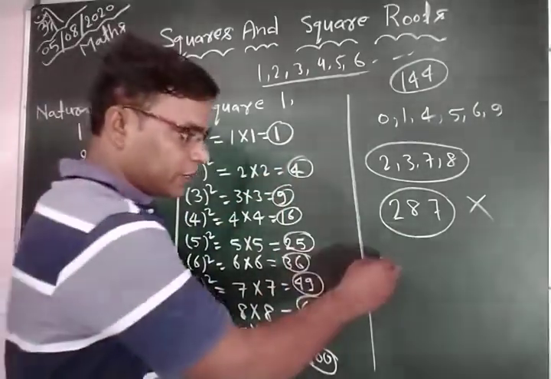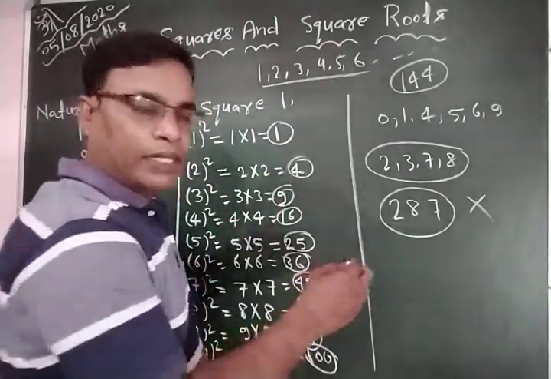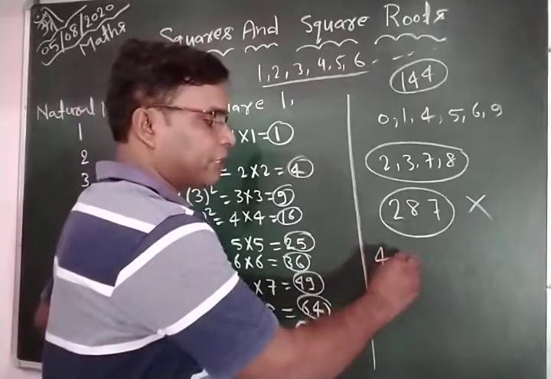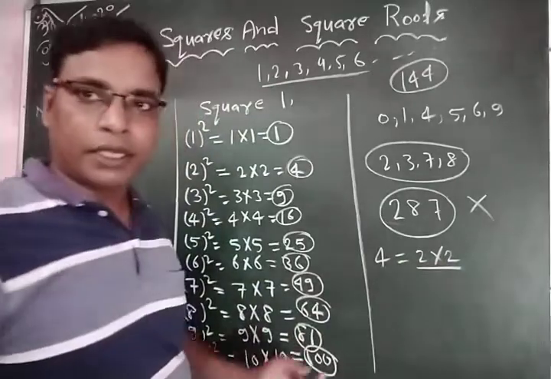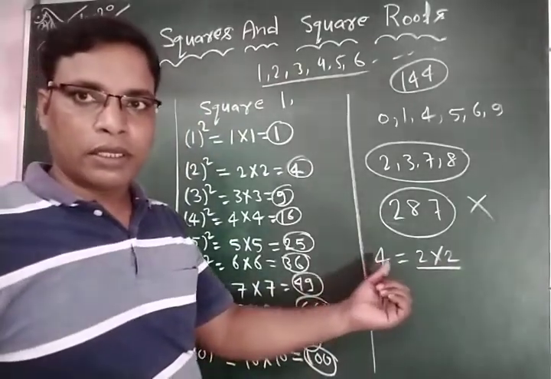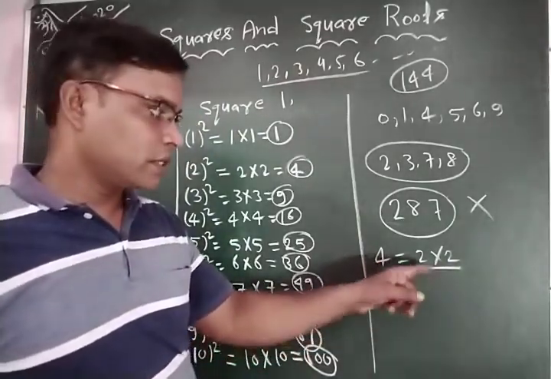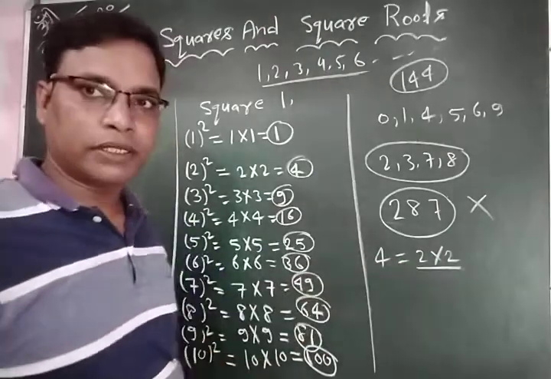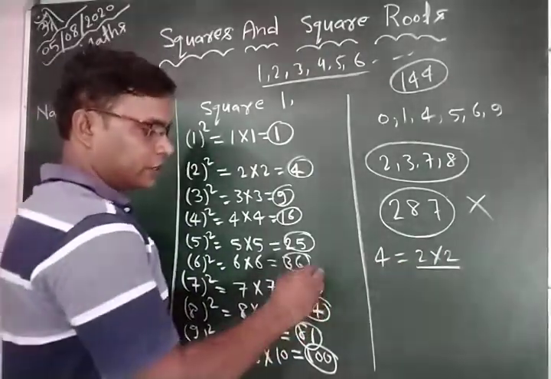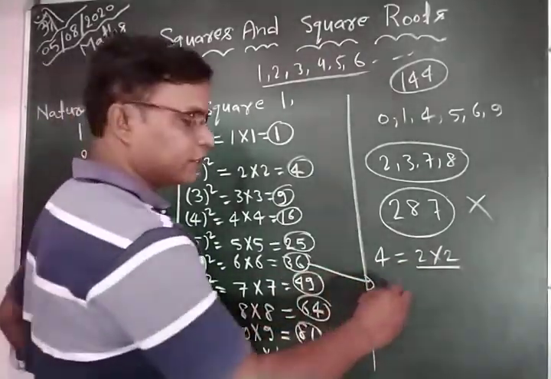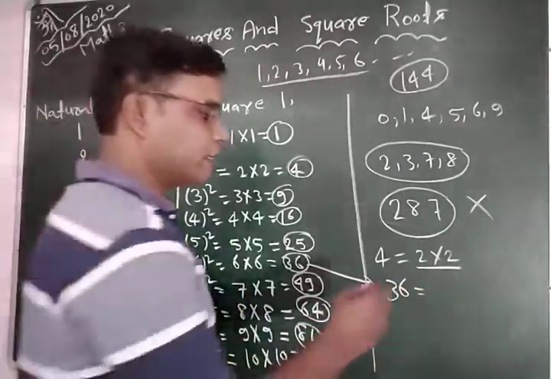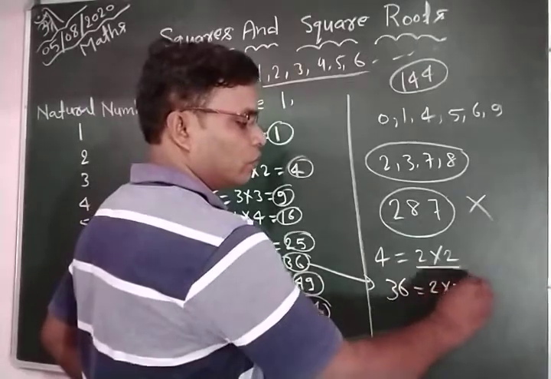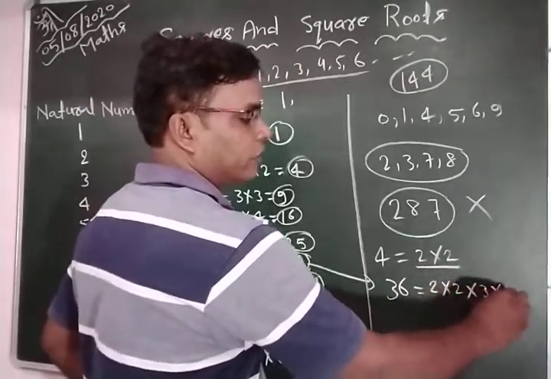So first we express it in prime factors. The prime factorization of 4 is 2 into 2. So you can see here this is a pair of equal prime factors. And now, what is the prime factorization of 36? You can write it 2 into 2 into 3 into 3.